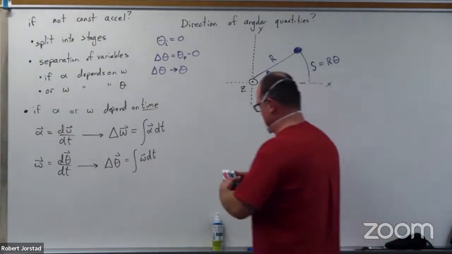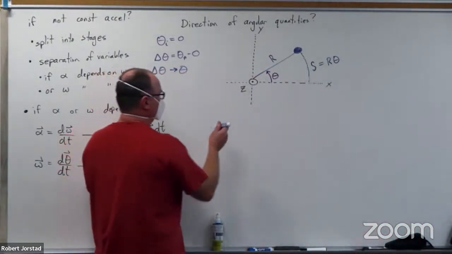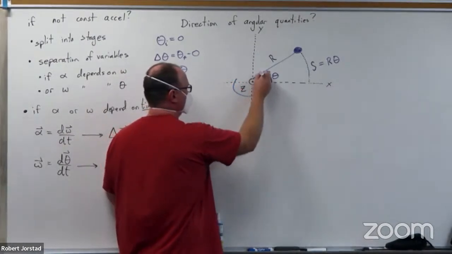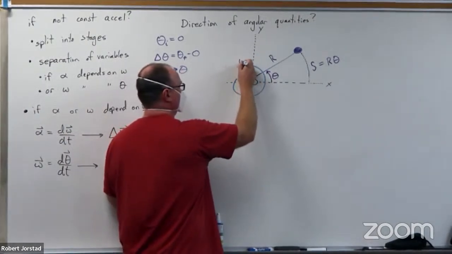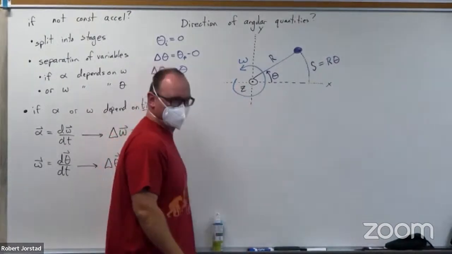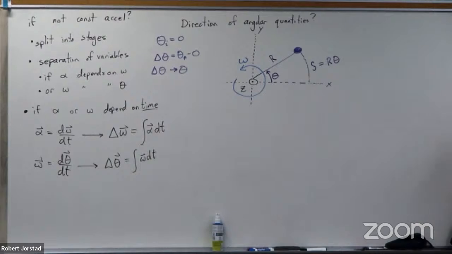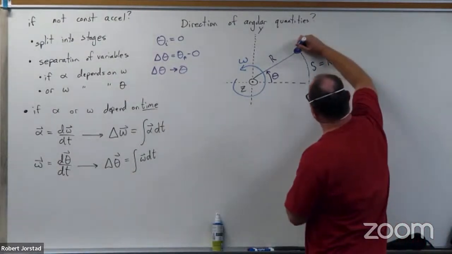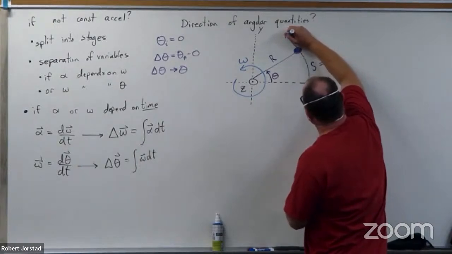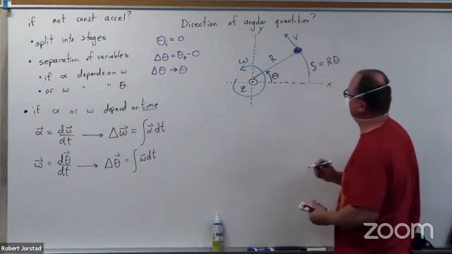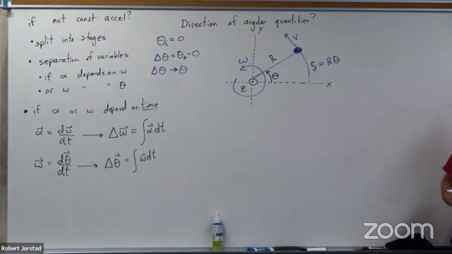Now let's say it's rotating this way. So it's rotating that direction. Okay? Do you agree it would be moving this way, V? And sometimes this is a velocity.